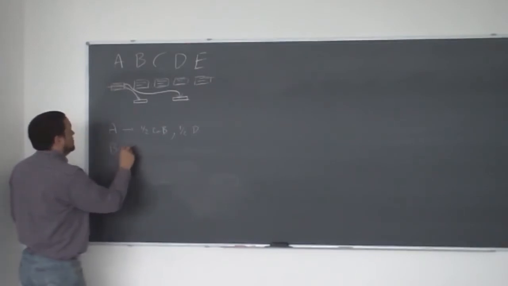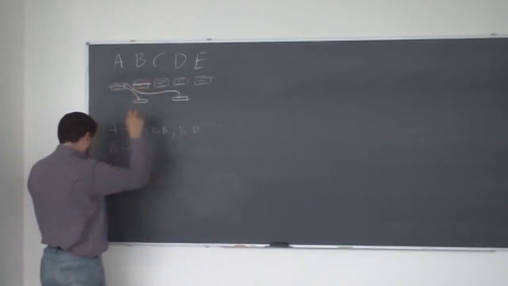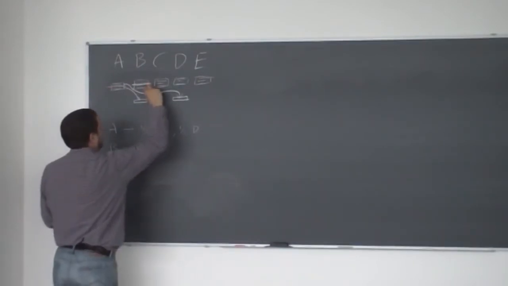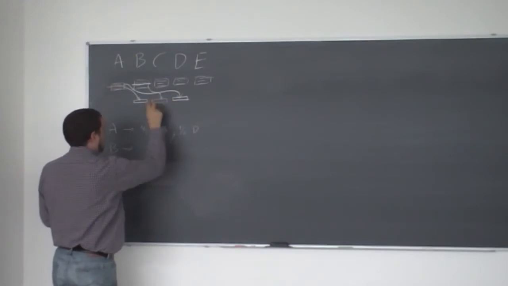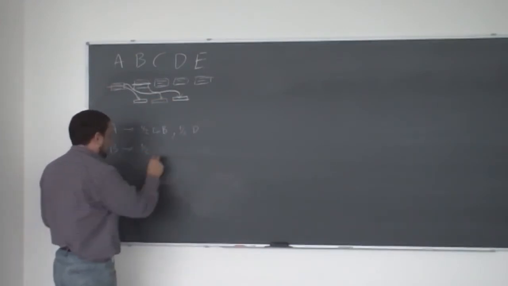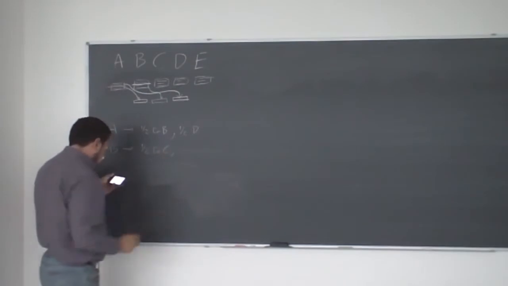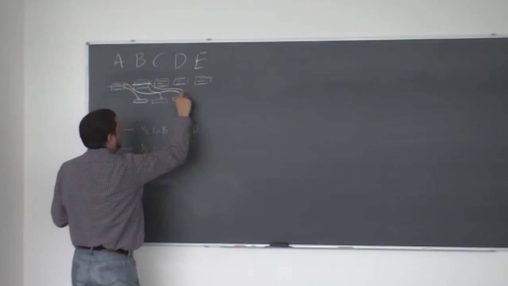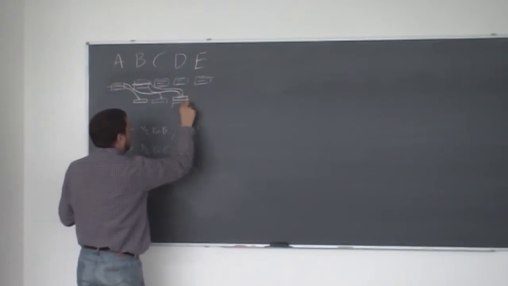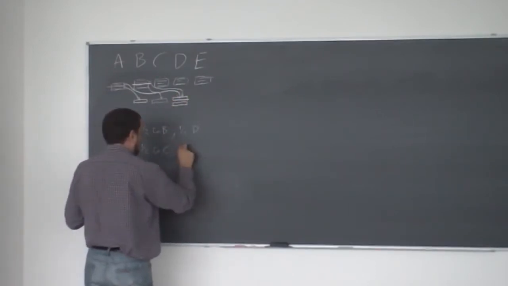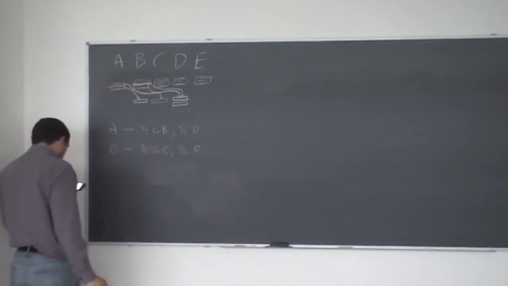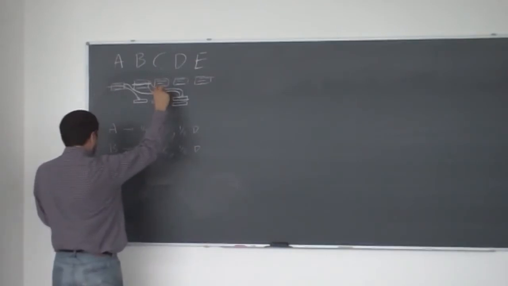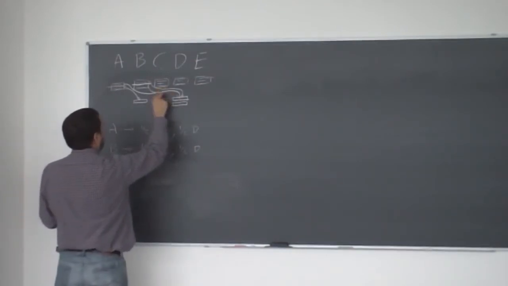Bob splits his deck in 2 equal parts, and 1/2 of Bob's deck goes to Chuck, and the other half goes again to Dave. Chuck gives his whole deck to Bob.